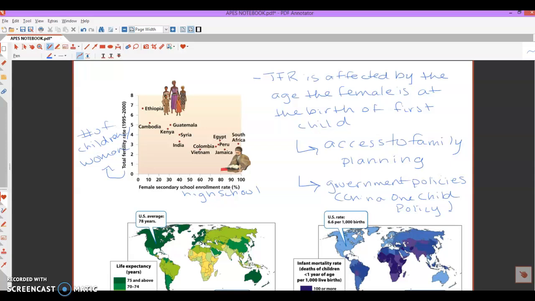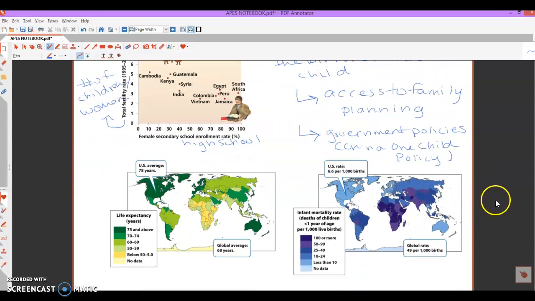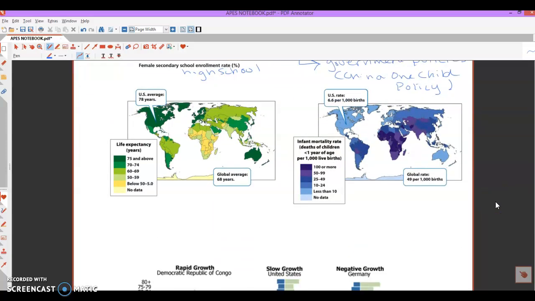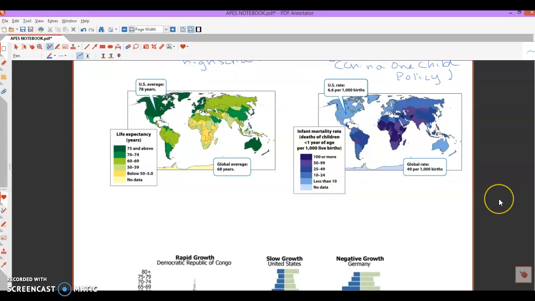It has slowed down because they had the one-child policy in place for a few decades. They have since done away with this policy, but it was so ingrained in their culture for so many years that most people in China still only have one child.